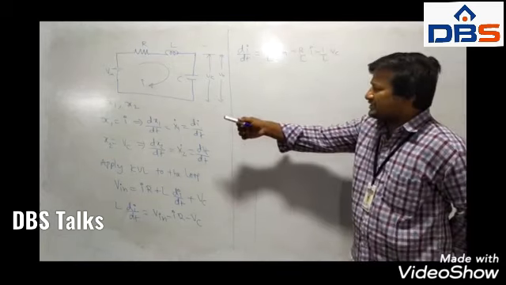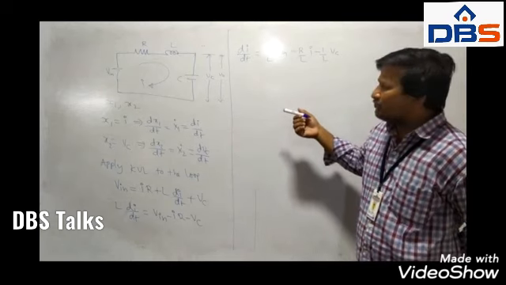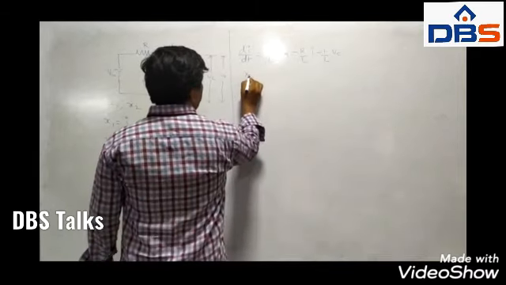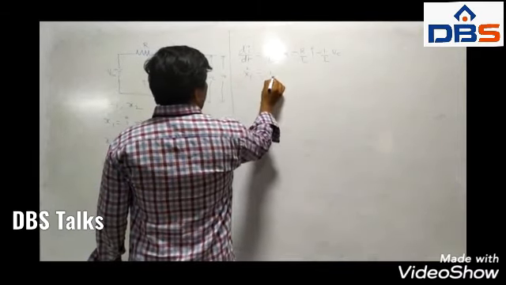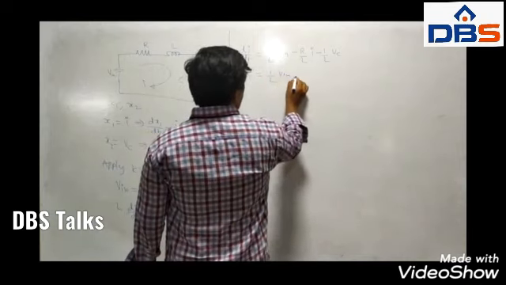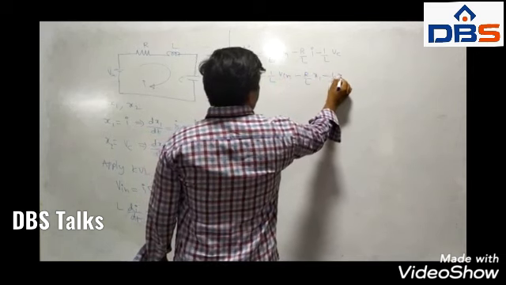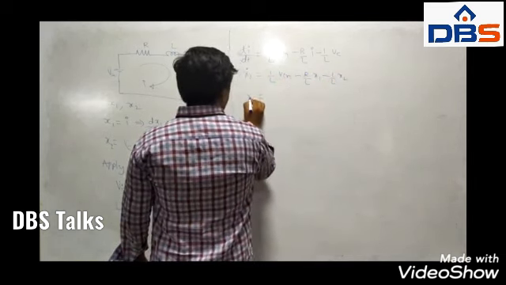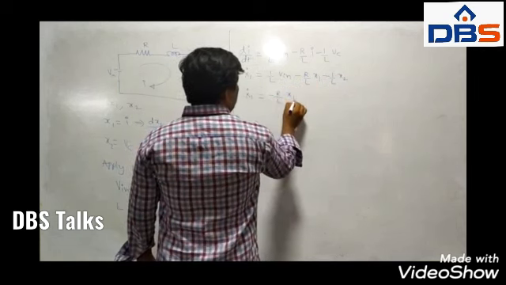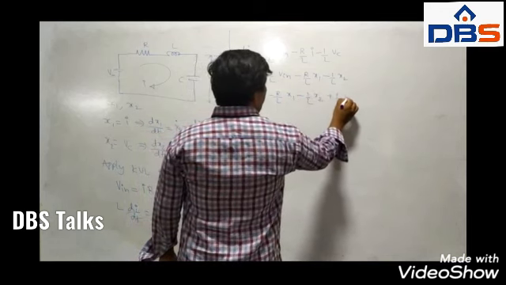We know the state variables x1 equals I and x2 equals Vc. Substituting, di by dt is x1 dot, and VIN is the input. So x1 dot equals minus R by L x1 minus 1 by L x2 plus 1 by L times the input voltage.